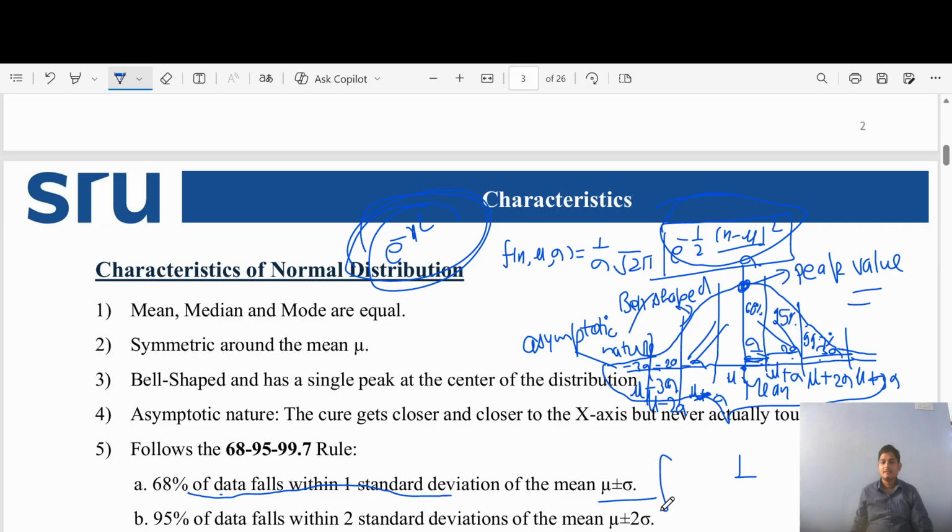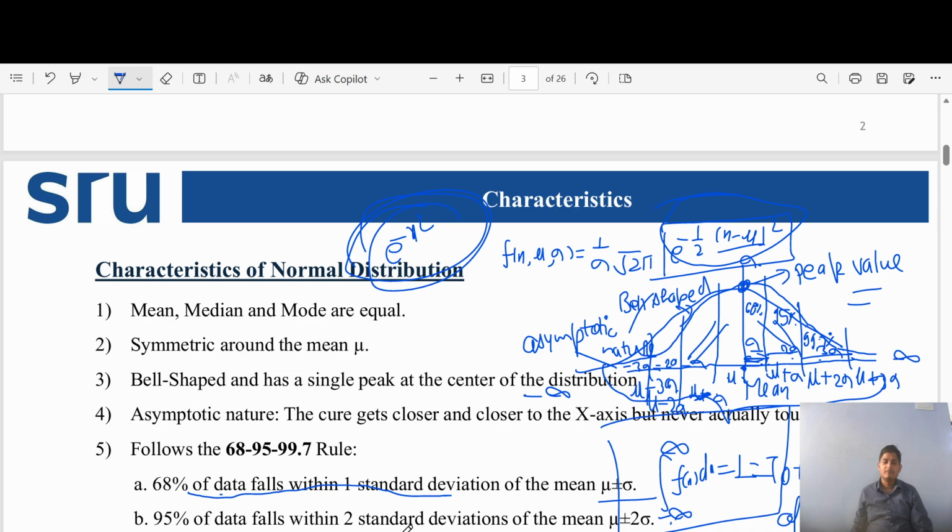Total area means the integral from minus infinity to infinity of f(x) dx, because here is minus infinity, here is plus infinity, and the area under this curve is equal to 1.